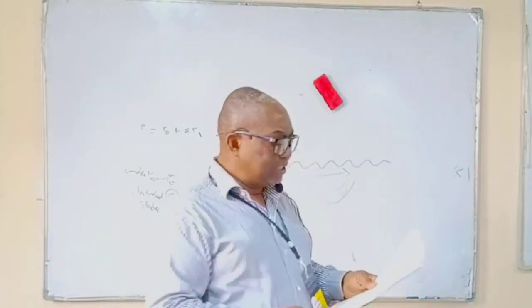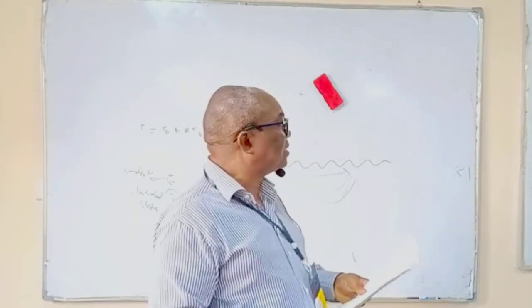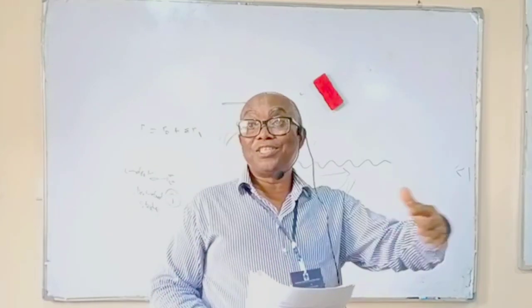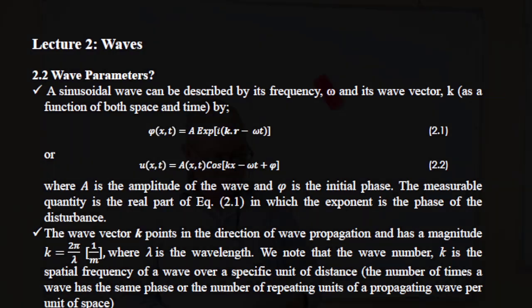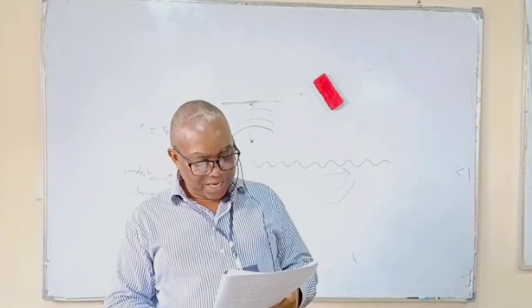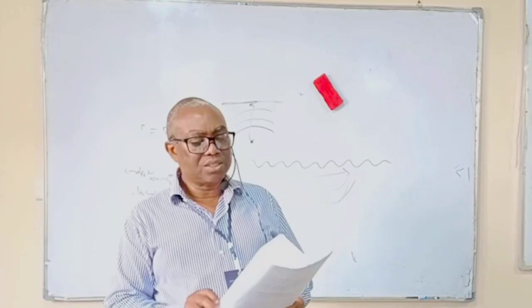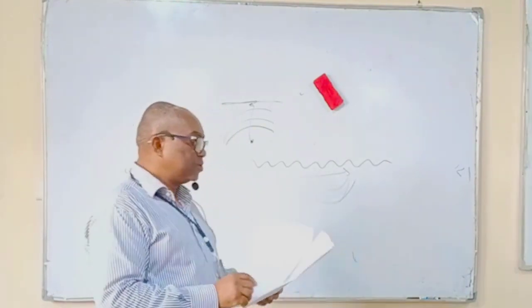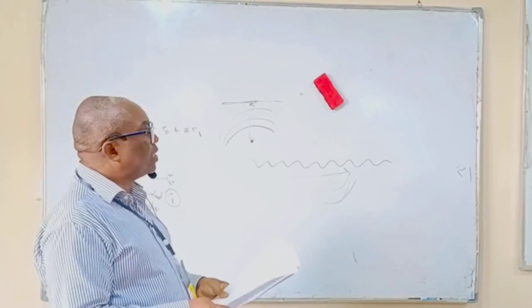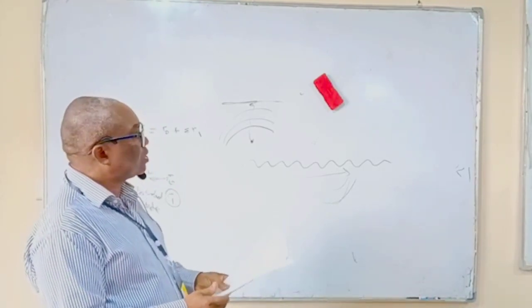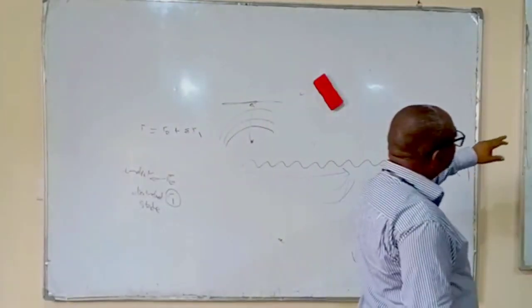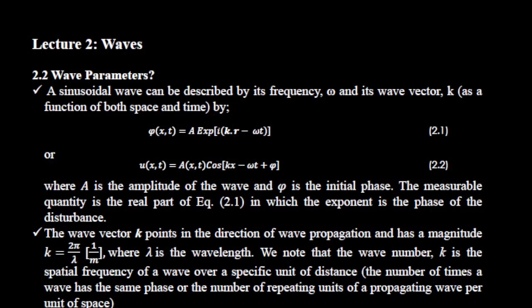Next, the thing we'll try to look at: there are parameters that are associated with waves. Whenever you are studying waves, there are things you should know. One of them is what we call, like in a sinusoidal wave, there must be frequency.